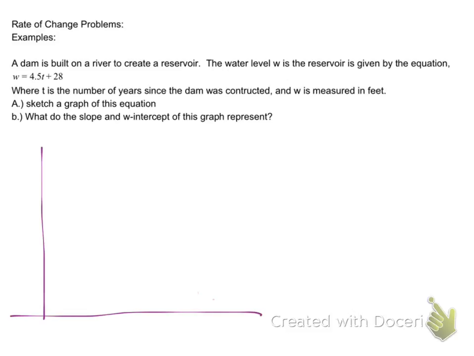So we go here, 5, 10, 15, 20, 25, 30, 35. Maybe that's not going the best. So I'm going to go by 5s, but I'm still going to go by 1. Number of years on the bottom goes by 1. The top goes by 5s. So I got to start at 28, 5, 10, 15, 20, 25.